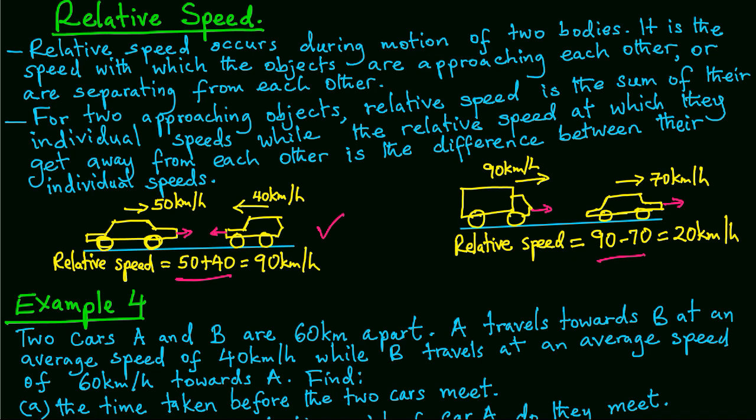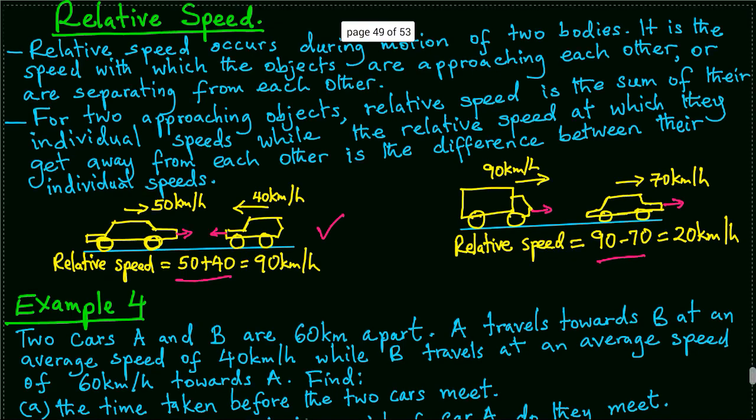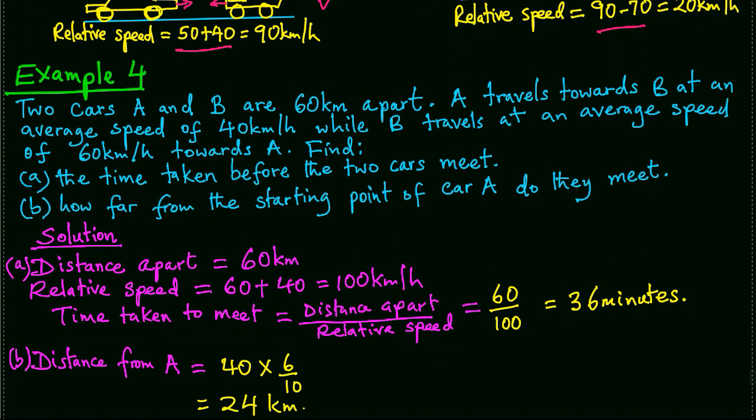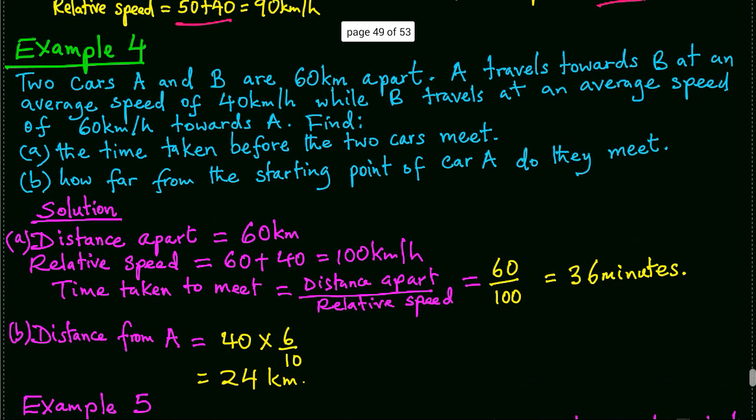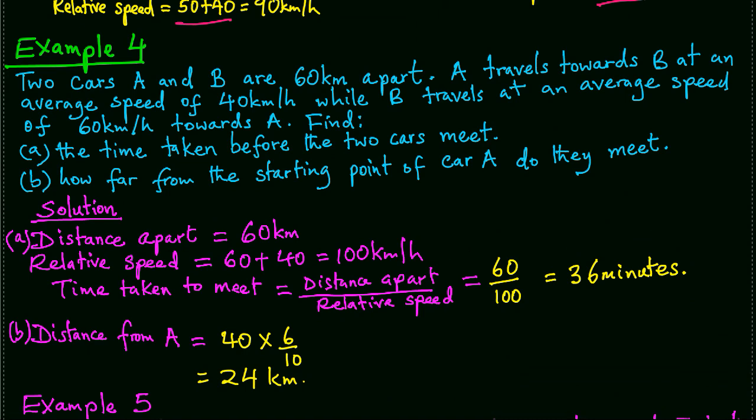For example, we have two cars A and B that are 60 kilometers apart.